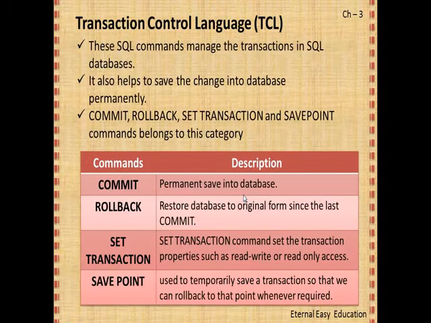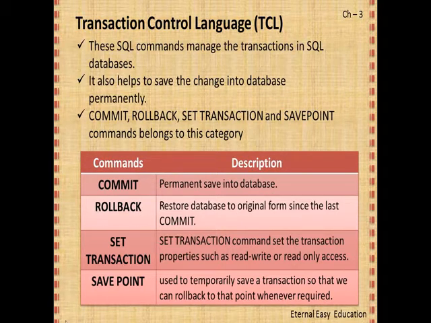Then TCL, Transaction Control Language. Commit, rollback, set transaction, save point. Four commands are under this category. Commit permanently saves into the database. Rollback is used to restore the database to its original form since the last commit.